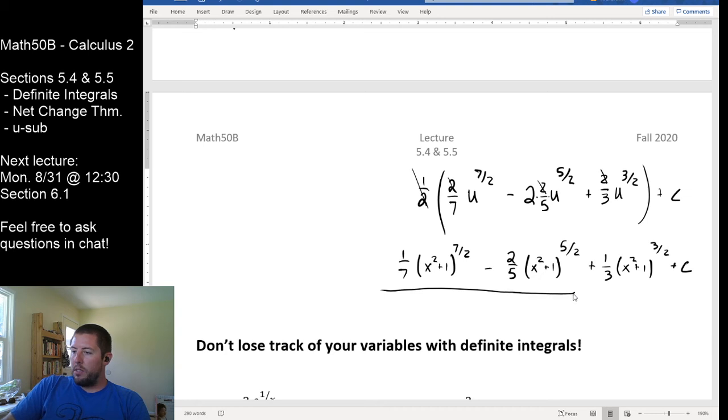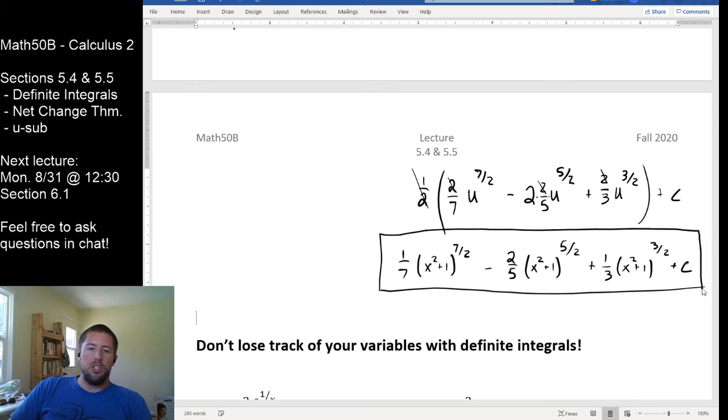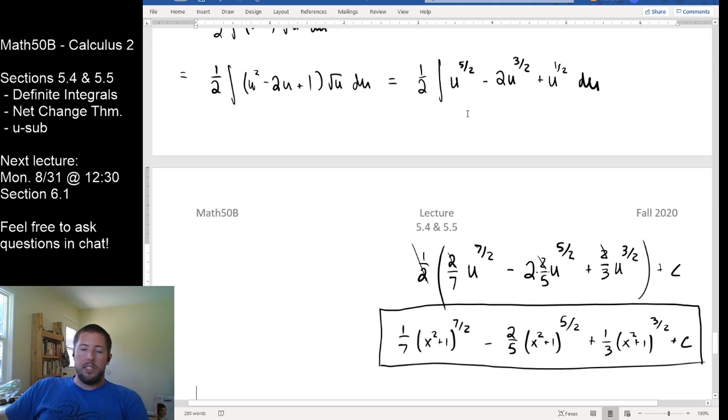And boy, is that a gross thing to get at. And again, this is a great example of, even if you can sort of see undoing the chain rule in our first couple examples, there's no chance that you just saw anything that looked like this in your head on this example here, right? Like, we got to let the u sub drive it for us here. So this is a hard example.